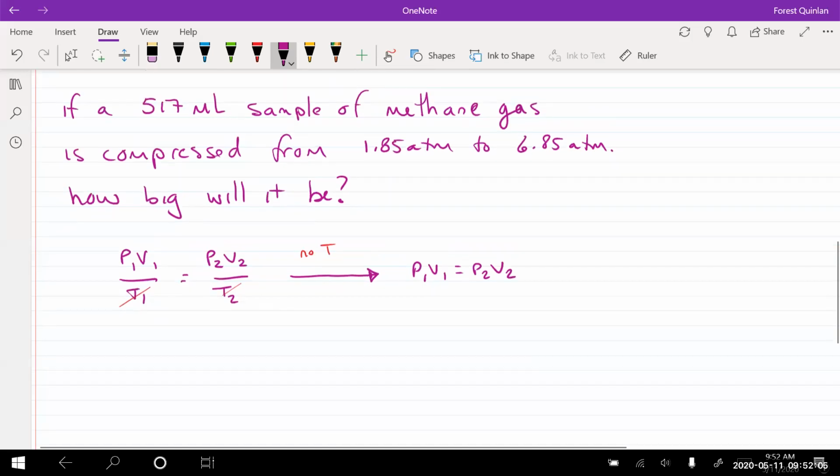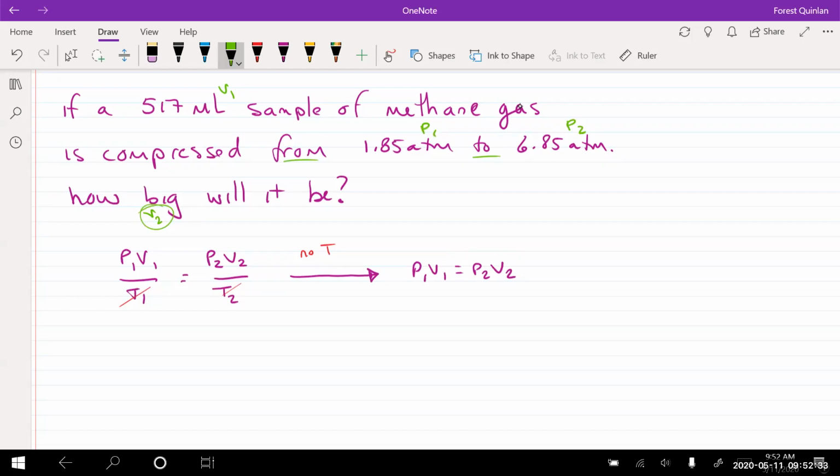Now, what is it we are looking for? I have up here an initial volume of 517, so that's a V1. We are looking for volume. How big? That's the V2. That's what we're looking for. This V1 is going from one to another. So there's where you are and where you're going. So that's a P1 going to a P2.